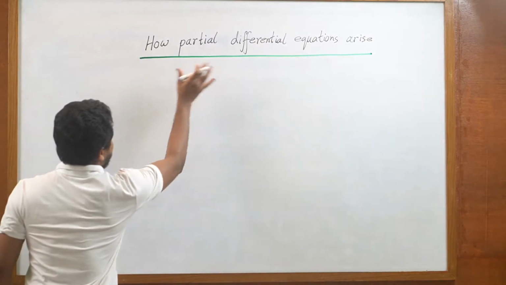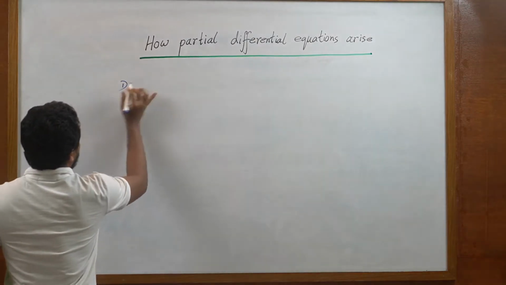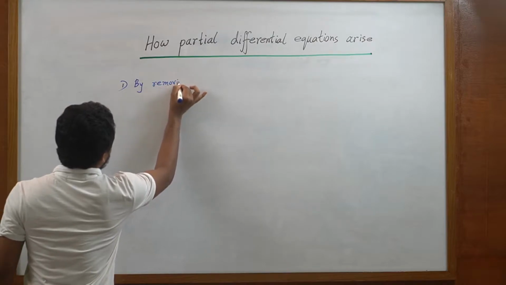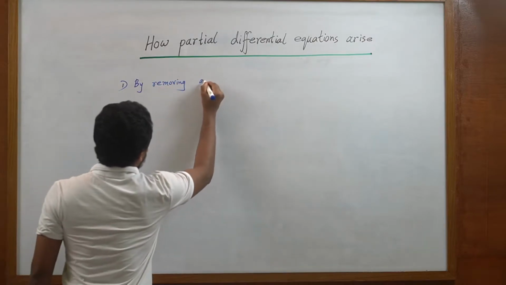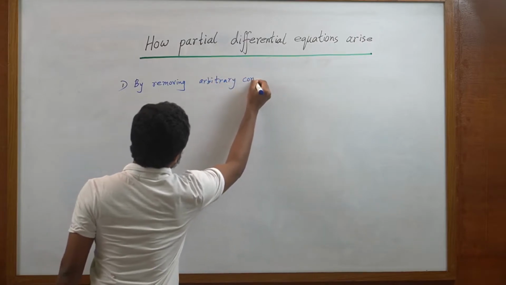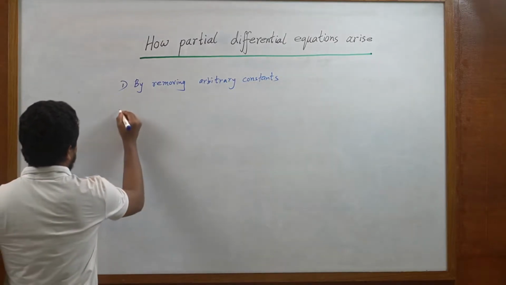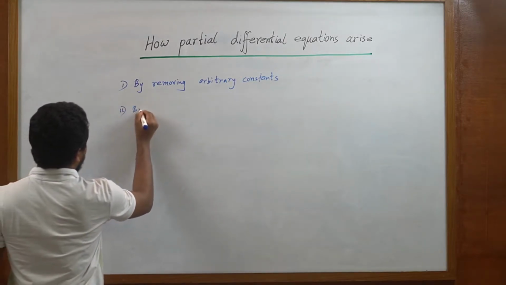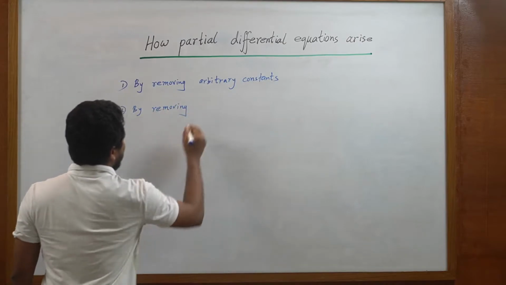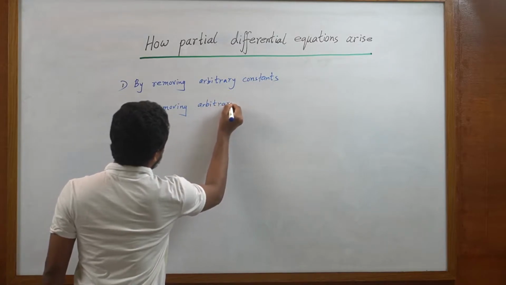That means the answer is: one option, by removing arbitrary constants, and the second option is by removing arbitrary functions. Okay?